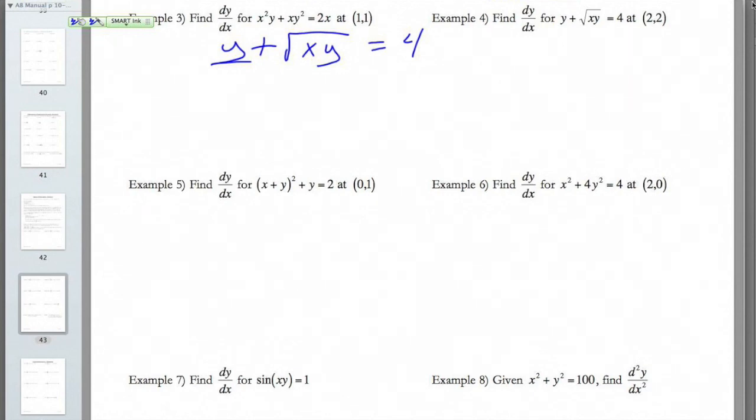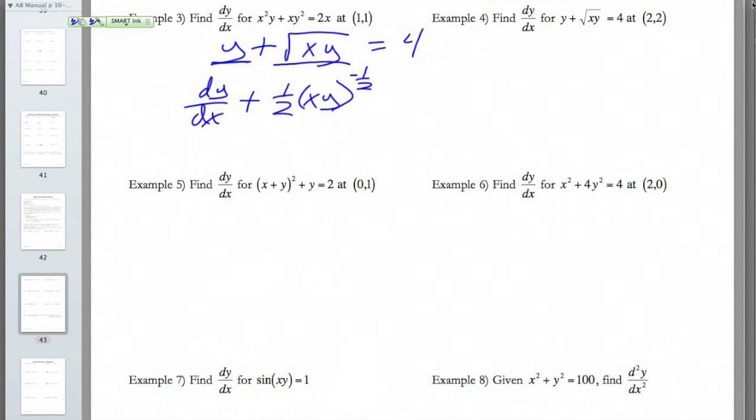So when I take the derivative of y, what am I going to get? dy over dx. Now, what do I want to think of the square root of xy as? Something to the 1/2. So what do I have to take care of first? The 1/2. The inside stays the same, and my new exponent is -1/2. So that takes care of the outside. Now I need the derivative of the inside.